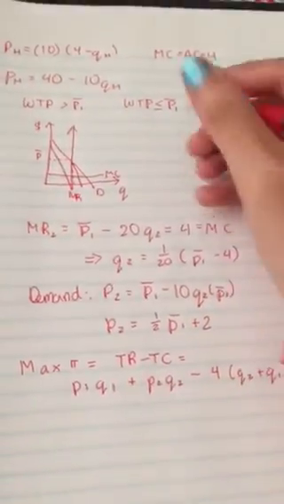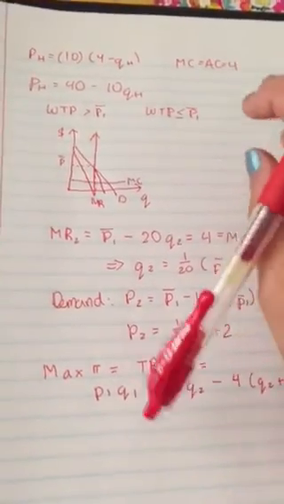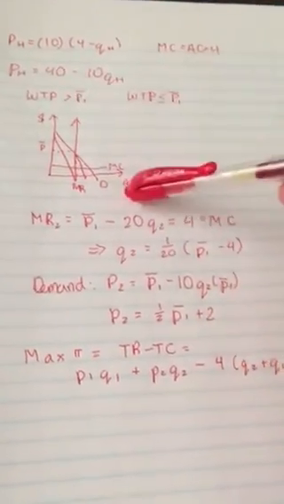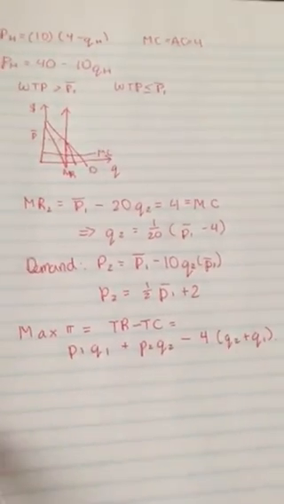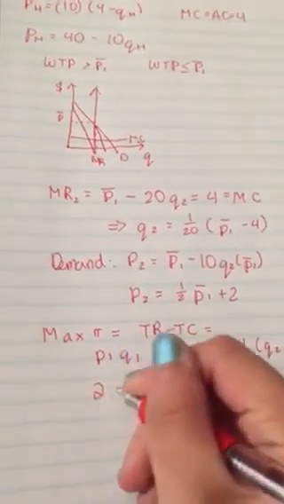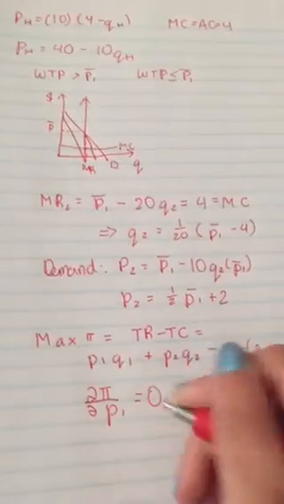We know that the original Q1 can be expressed in terms of P1 from the original demand curve. So we would just plug that in for all the Q1s. And then we'll have everything in terms of P1. And what we would do next is take the partial of profit over partial P1, set that equal to 0.